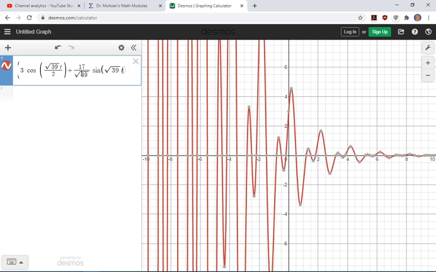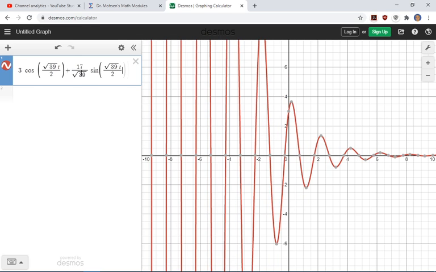Step to the right, t over 2. That closes the parentheses for sine. We had the parentheses for this oscillatory component. We close that, and that does the job for us.